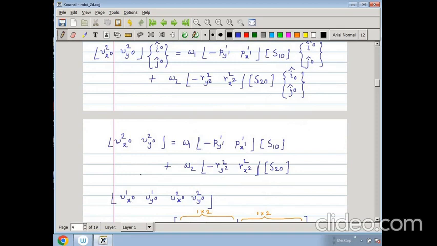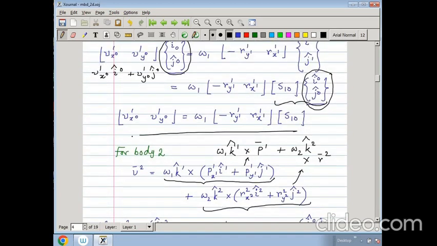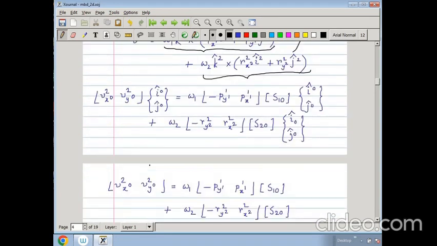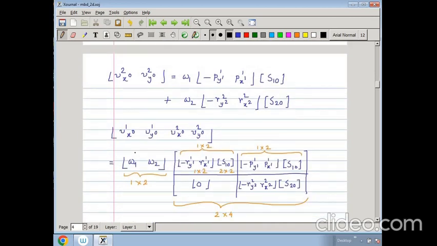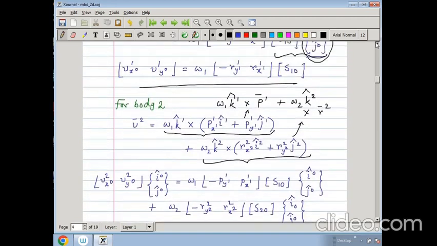So now if you drop this I0 J0 from both sides, you get this vector equation. Now if you combine this one and this together, this is for body 1, and this is for body 2. For body 1 you get omega 1 into this and omega 2 into null, because that is the center of mass velocity of body 1.